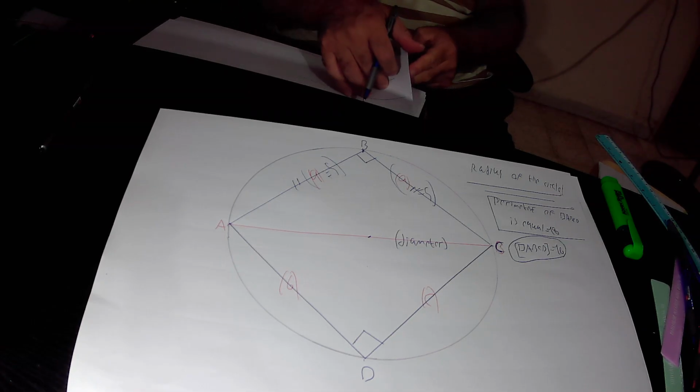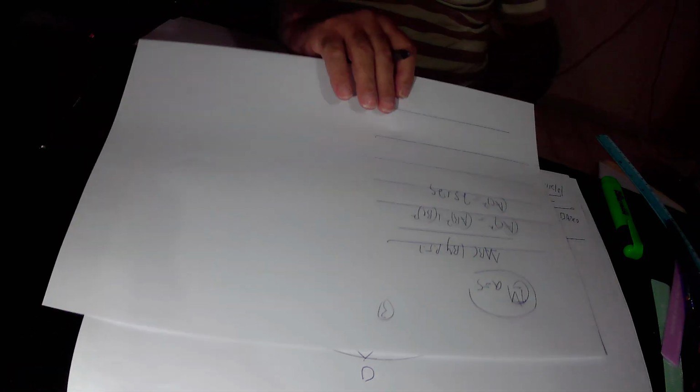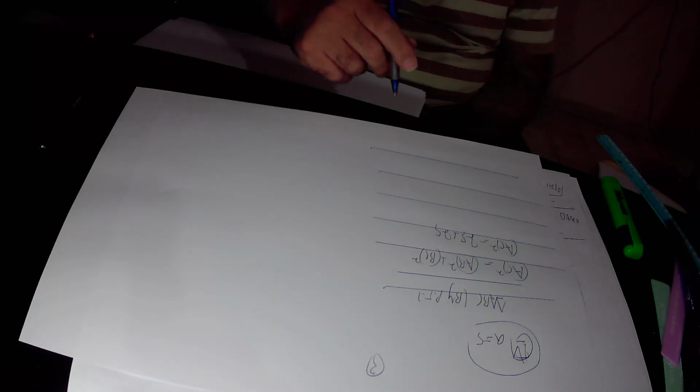So in total, we found out that AC square equals to 25 plus 25, that is 50.